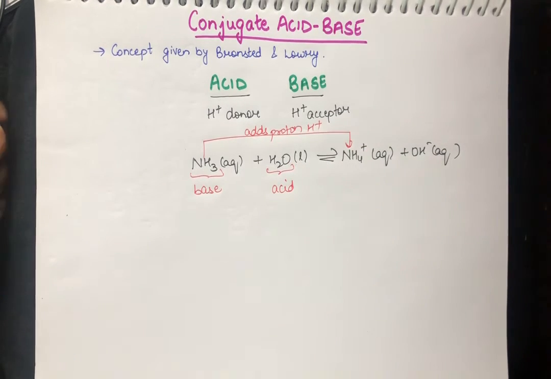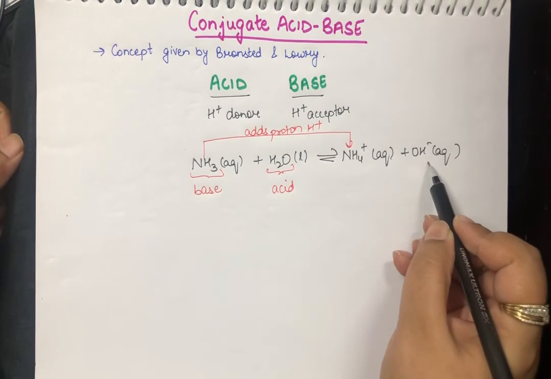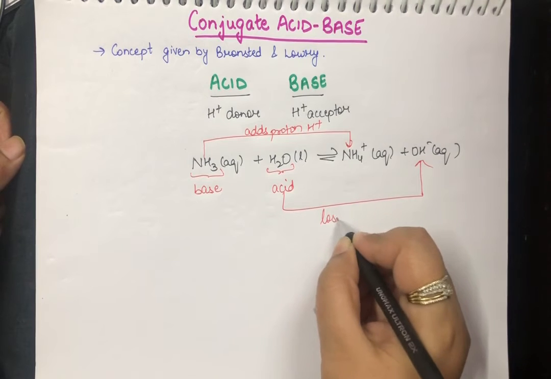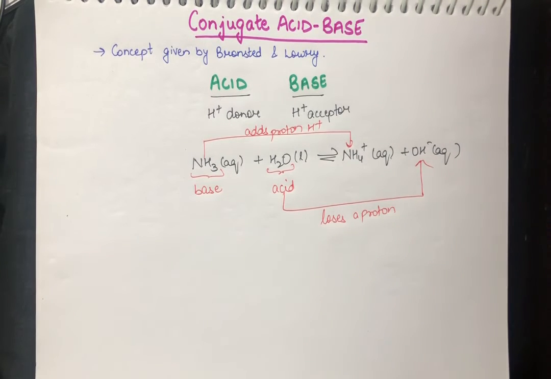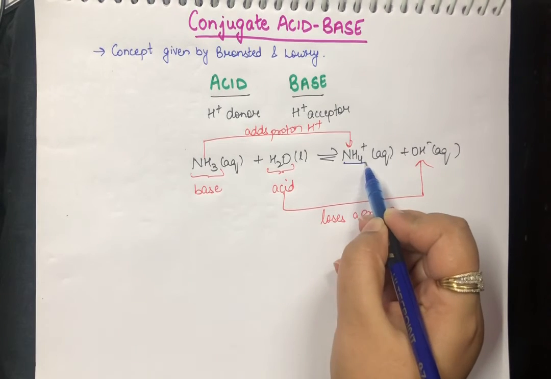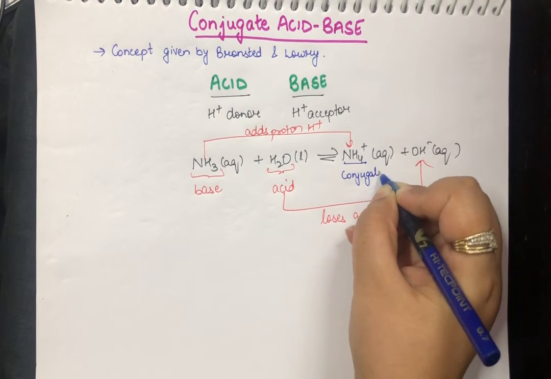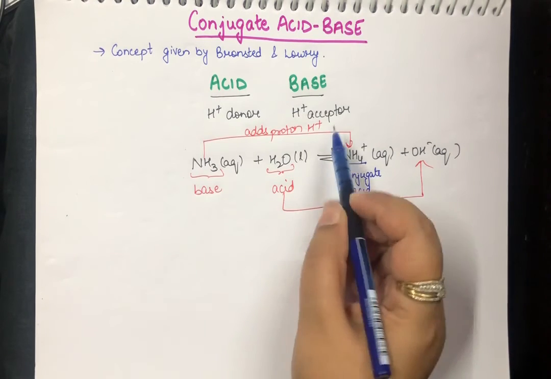What is the proton? H plus, right? And whereas in water it has become OH minus, that means H plus has been lost. So it loses a proton. Now if I have to compare both of them, what is NH4 plus called? It is called the conjugate acid of NH3 because it has added an H plus.